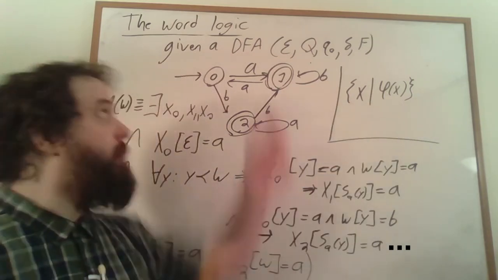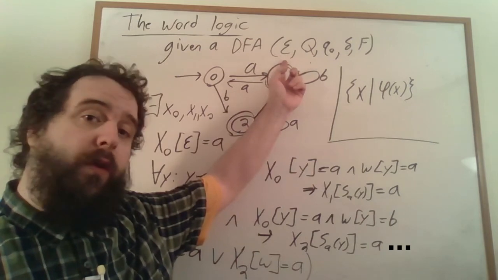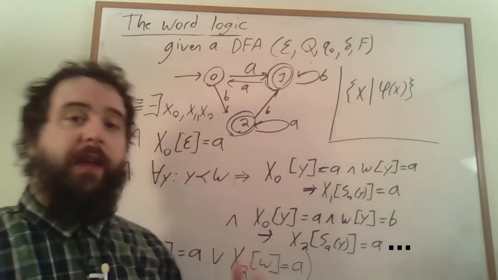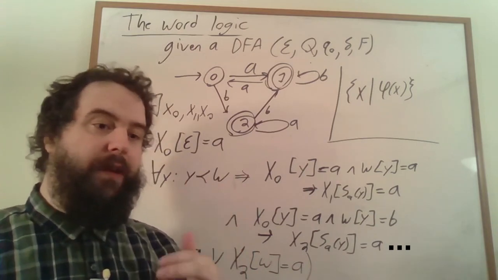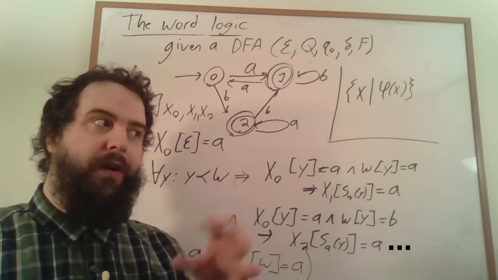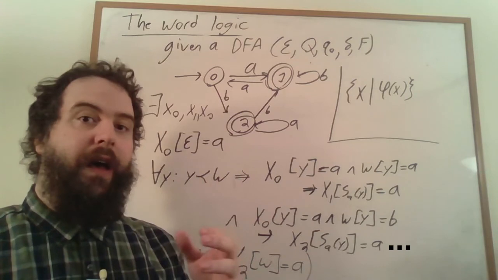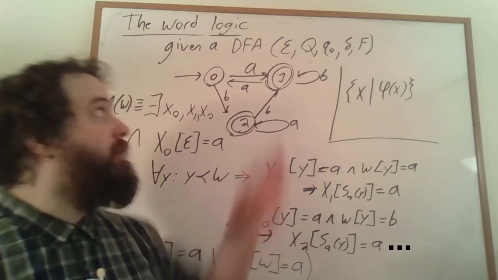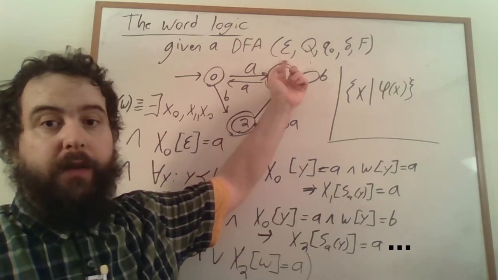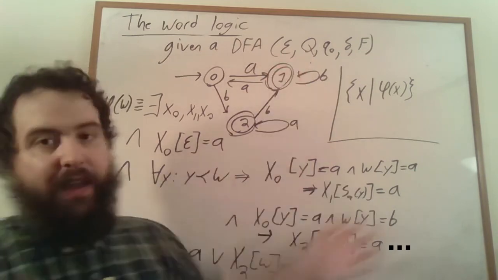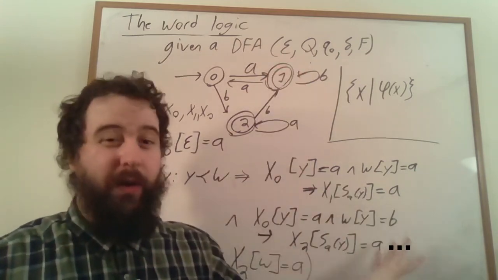If you're concerned about the case where sigma has more than 2 letters, we can use the same sort of representation that we did for our states, because the states were words on more than 2 letters. We can use that same sort of representation to represent input words on more than 2 letters. And the same sort of thing applies, but you have to worry about encodings.